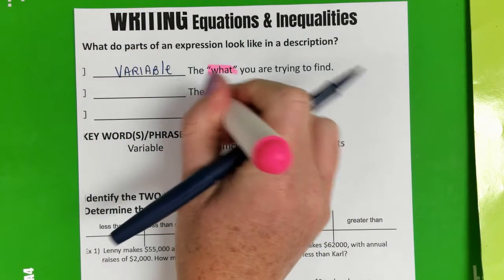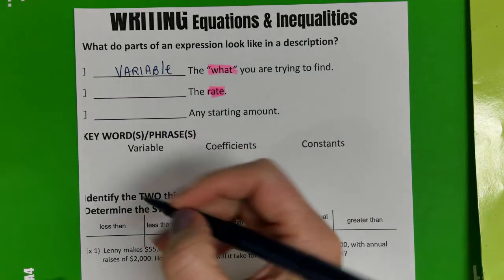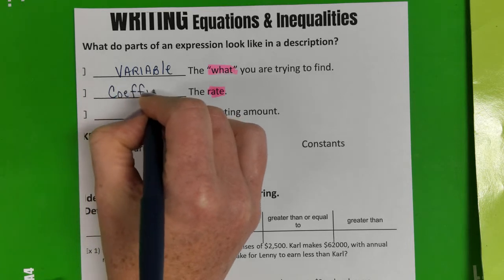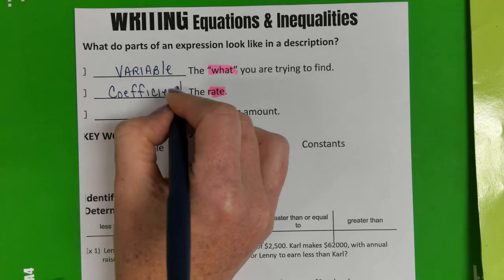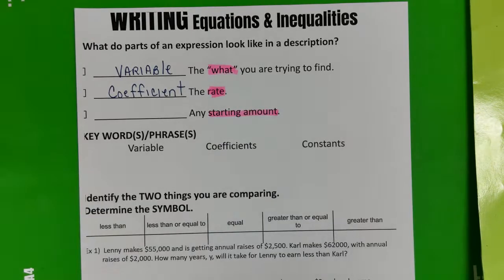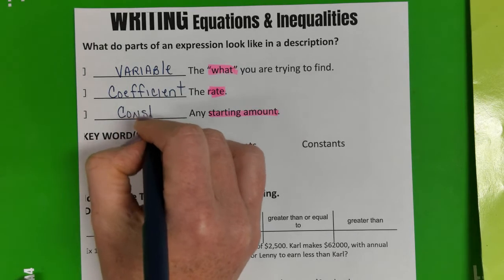The rate, remember when we talked about a rate, miles per hour, that is going to be the coefficient in your equation or inequality. And anything that's a starting amount or a flat fee is going to be the constant.